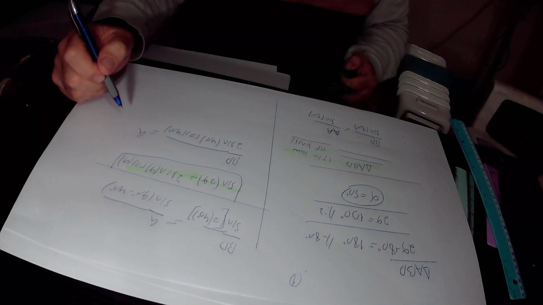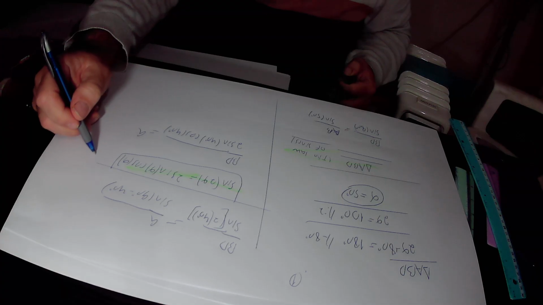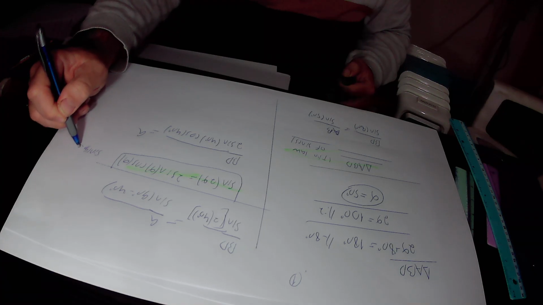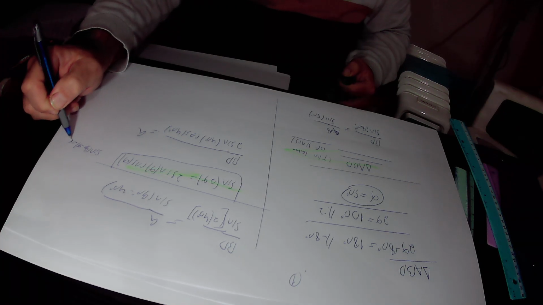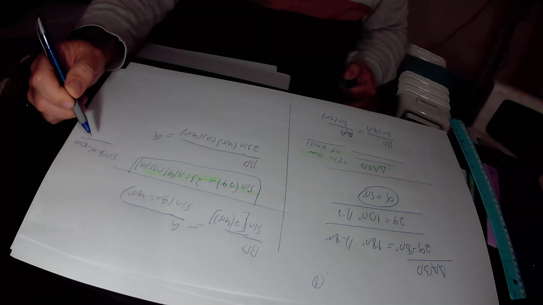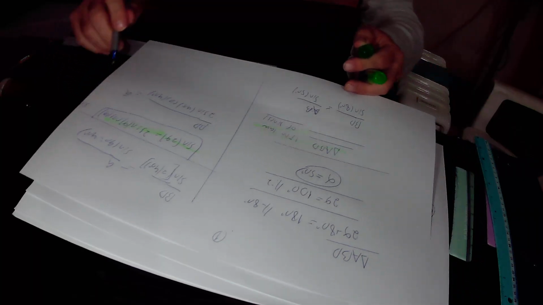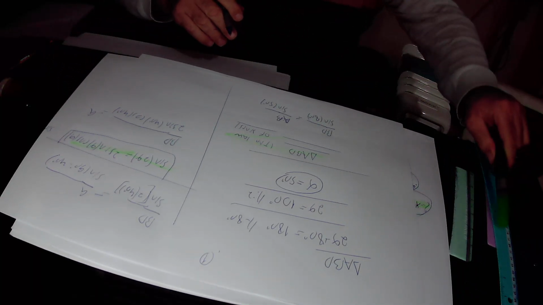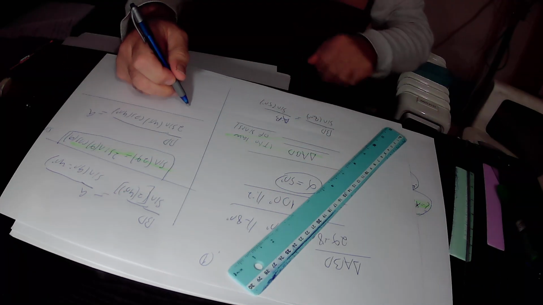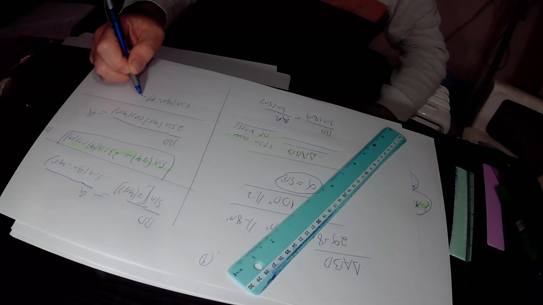We have another trigonometric identity: sine of 90 degrees minus alpha equals cosine alpha.